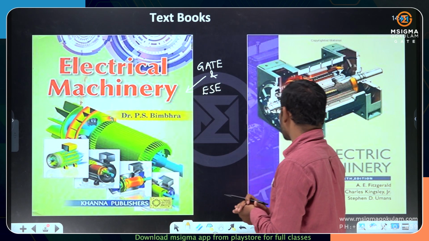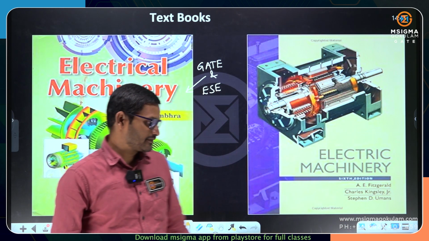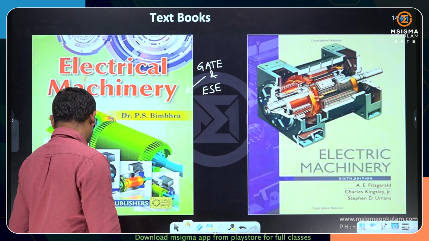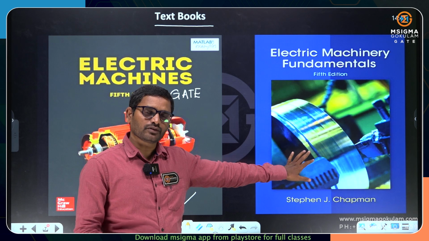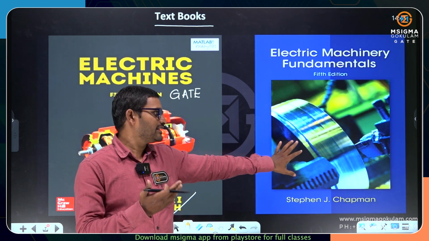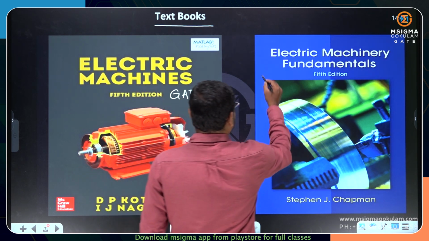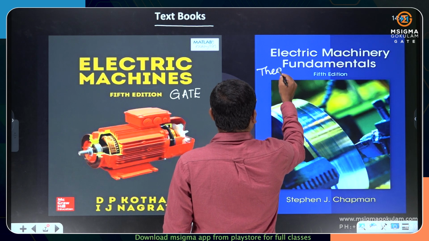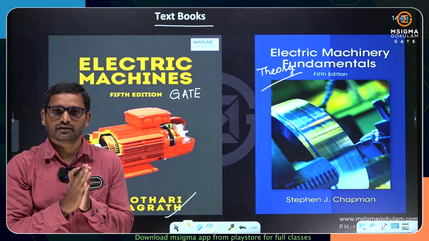And the other two books are Electrical Machinery by Fitzgerald, or otherwise Electrical Machinery by Stephen Chapman. These books are very theory oriented, in easy language, and you can easily connect with them. For theory purposes I can suggest these, as some concepts are explained very well.